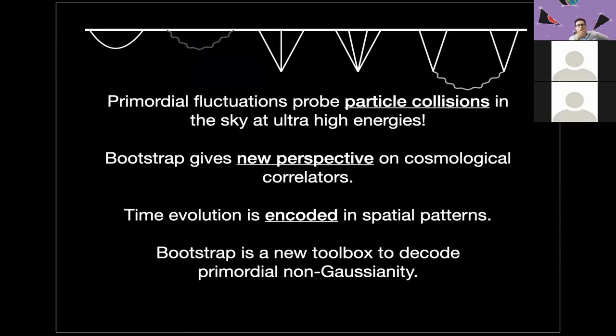It's a new toolbox that allows us to decode primordial non-Gaussianity in a way that we couldn't until a few years ago. Very excitingly, you see in these static patterns, you can really infer consistent time evolution. So we might be able to learn ultimately how to decode the hologram of the distribution of patterns in the hot Big Bang and infer what happened in the beginning of the universe.